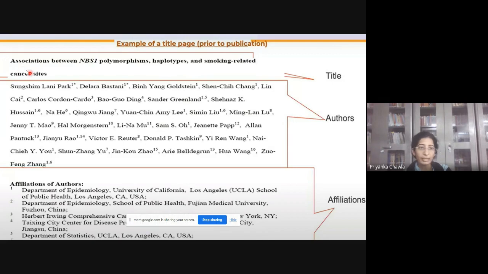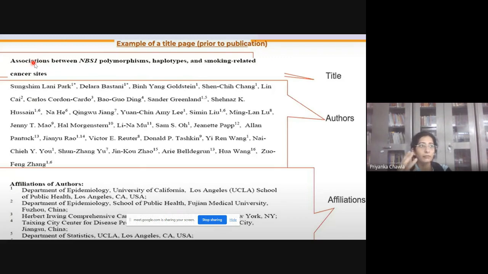See, this is the topic: association between NBS1 polymorphisms, haplotypes, and smoking related cancer sites. See how this title is framed. With the help of the title, we can analyze what has been done.